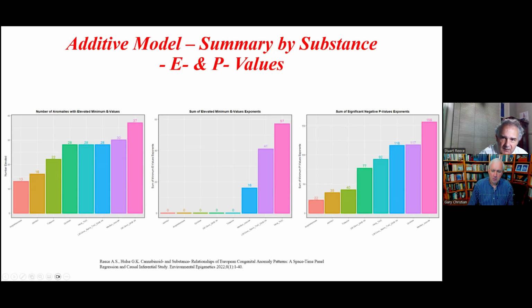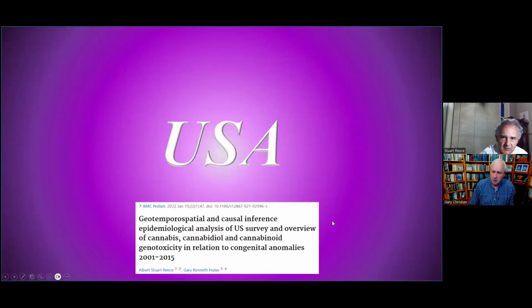Cocaine there, then cannabis herb, last month, daily cannabis interpolated, then tobacco and alcohol and amphetamines. So these negative P-value exponents are a more powerful correlate of birth defects than tobacco and alcohol, which are known teratogens. That's important. We know that tobacco and alcohol damage baby growth.